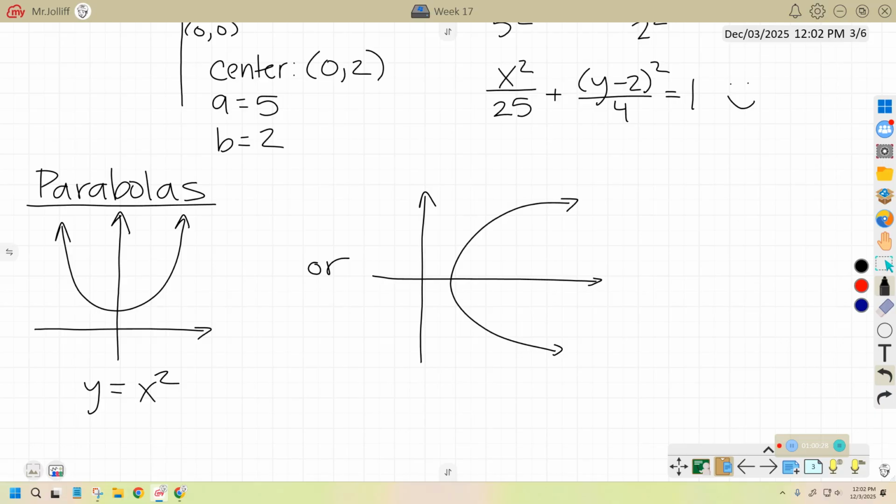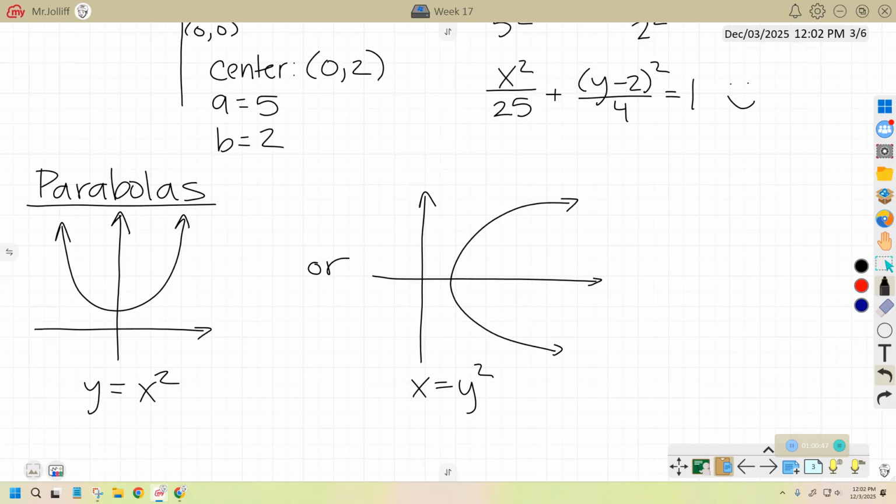This guy, on his side, what do we think he would look like? We switch the position of x and y, so we switch the position of their variables.